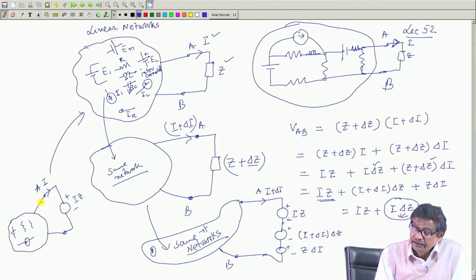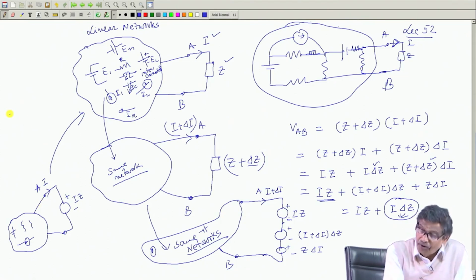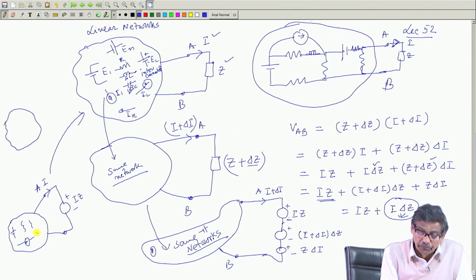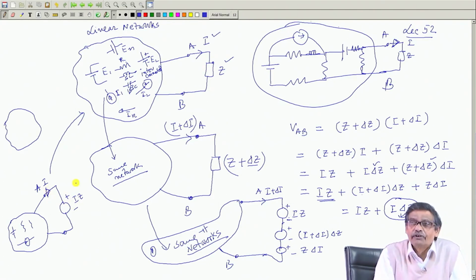Let it be slightly clumsy, so that we understand what we are doing. So, with all internal sources and I z present, this current has to be I, because this is what we started with. This network and this network are the same, because I z can be replaced by Z, because the current is I. That is what we learned from the substitution theorem.